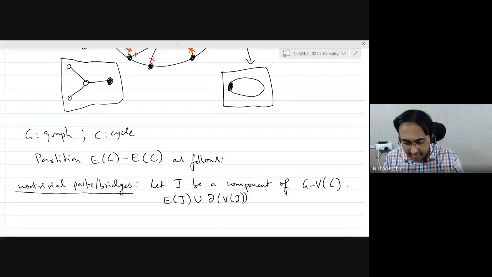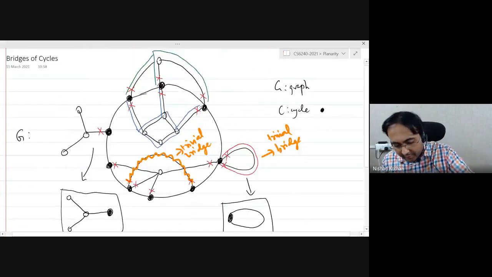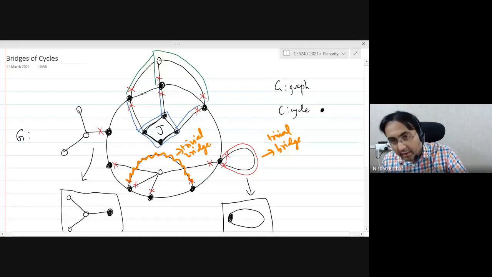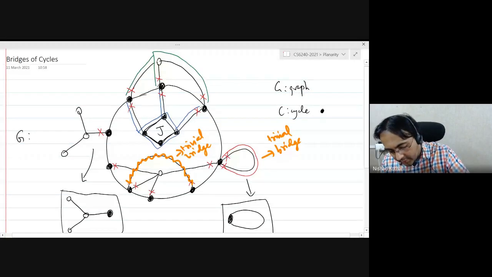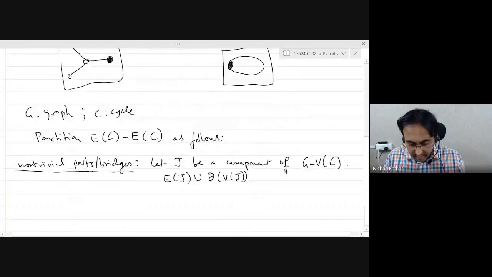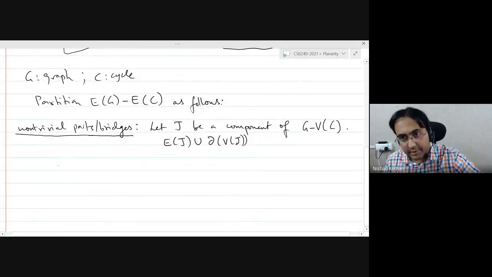Right? So to give you an example, if when you delete the vertices, you get this component J, which is this 4 cycle, you will take all the edges of this subgraph J along with all the edges that join J to the cycle C. And that is one bridge of your graph.